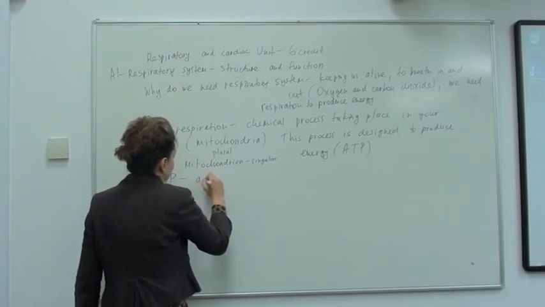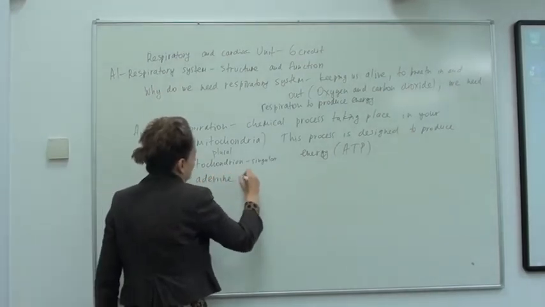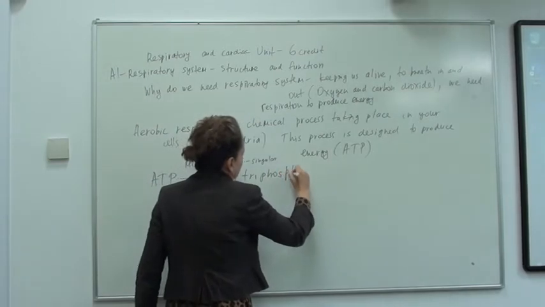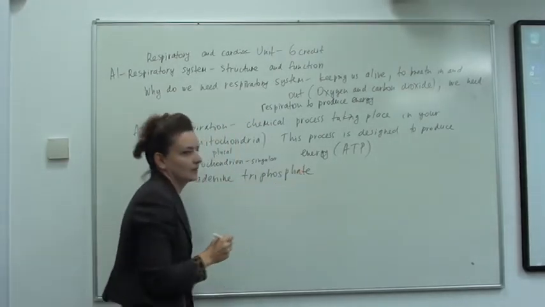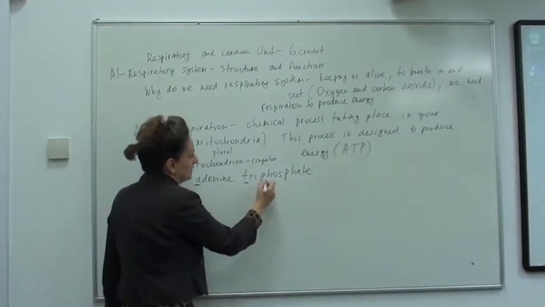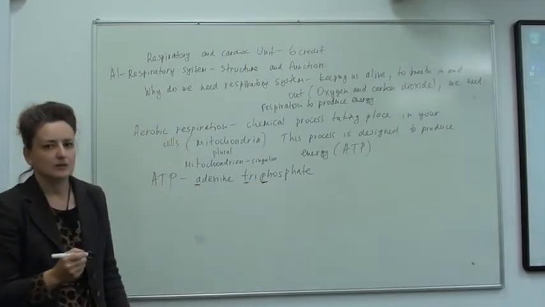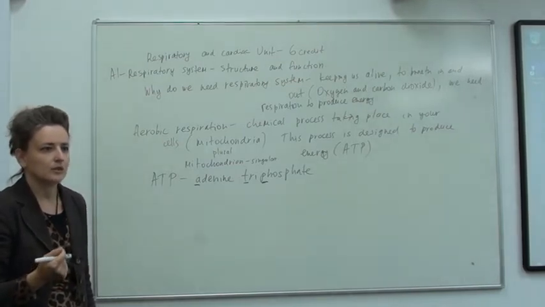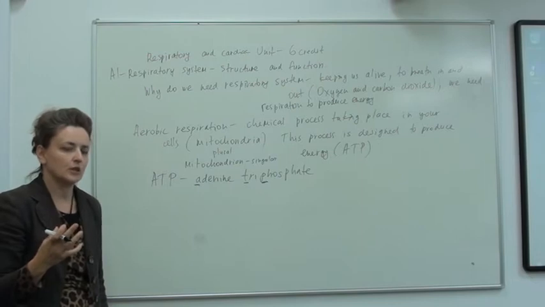So it's adenine triphosphate. Right, so here is your A, here is your T, here is your P. ATP. So that's the name of that molecule, which is used essentially a bit like a rechargeable battery.